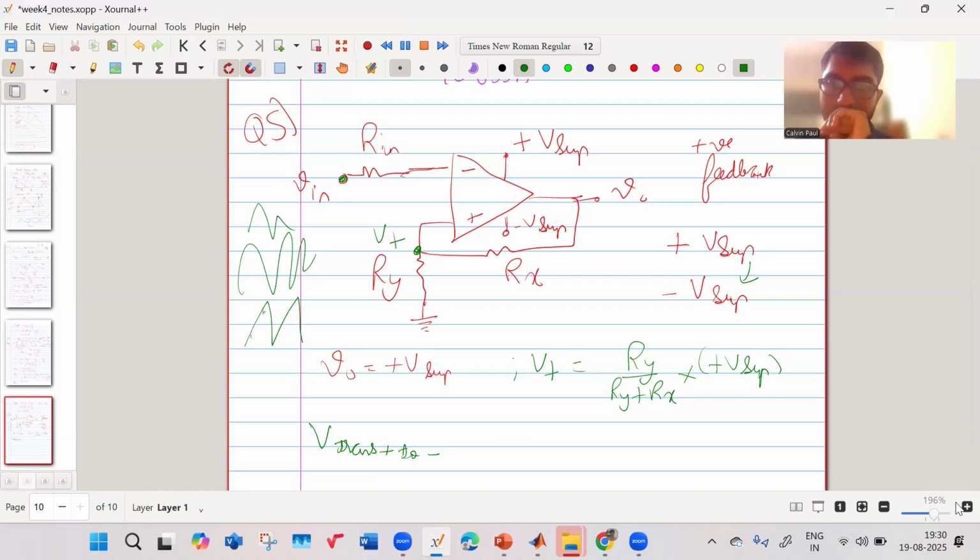When the differential input to the op-amp becomes negative, the output will go to negative V sat. That is when V in is greater than V plus. If your V in is less than V plus, then the effective signal over here is positive, and the output should still be positive, right?